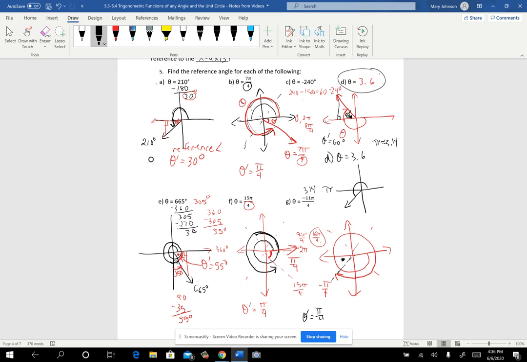And then the reference angle we're looking for is this angle right here, which is how far past pi. That's what you're looking for, is how far past pi did you go? So just go up here and subtract 3.14. And so that would be 0.46. So theta prime should equal 0.46. And this was radian since it didn't have a degree symbol on it.